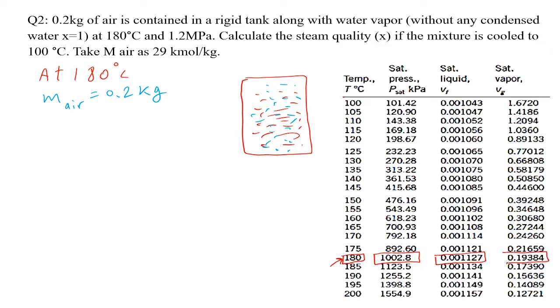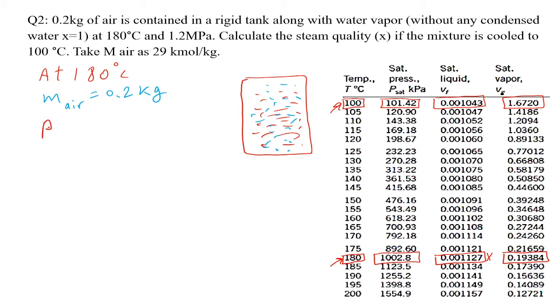For 180 degrees, we don't have any water, so this value is not very important, but the specific volume for gas is important. Then the second point is at 100 degrees Celsius, the saturation pressure, and both the specific volume for water and for steam are important. So we have to write them down. We are following here Dalton's law. The total pressure equals the summation of partial pressures while the volume is shared.